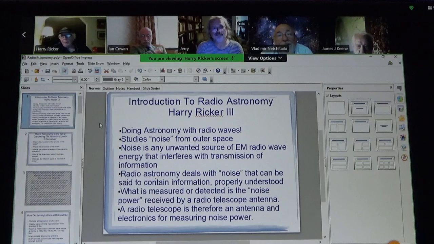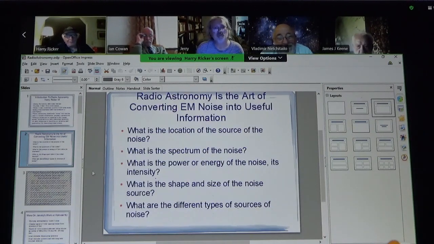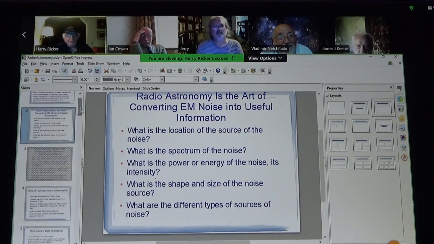Well, this is in my realm. I'm a radio engineer. And you notice that Grote Reber, I'm so impressed by Grote Reber. When I first started doing this, I got completely absorbed in trying to figure out what equipment Grote Reber was using.